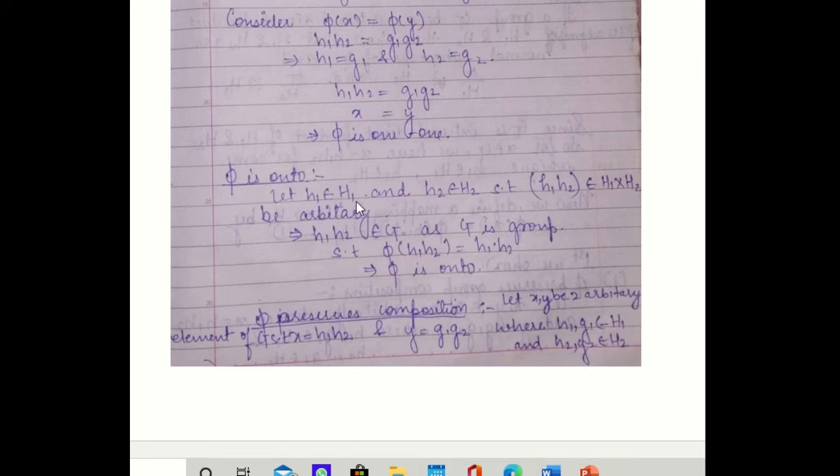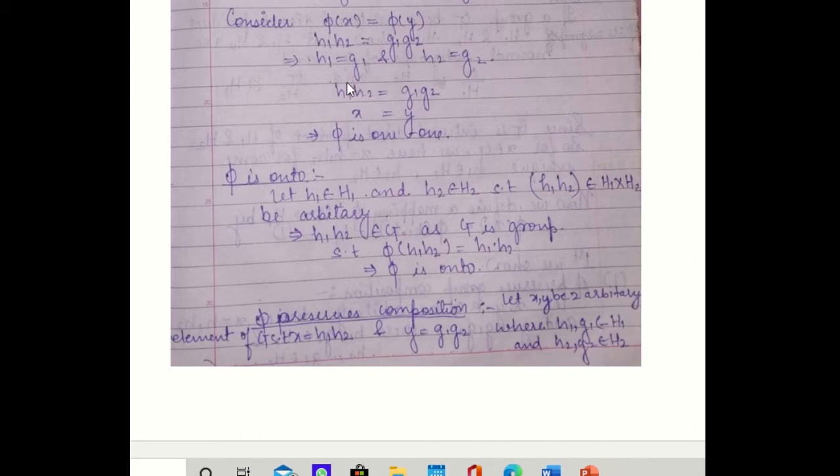So let small h1 belonging to capital H1 and small h2 belonging to capital H2, such that (h1, h2) belongs to H1 cross H2, be an arbitrary element of H1 cross H2. Since H1 and H2 are subgroups of G, all the elements of H1 and H2 are in G. So h1 and h2 will also be in G. So h1 h2 belongs to G as G is a group, such that under this definition phi of h1 h2 is equal to (h1, h2). So this implies phi is onto.